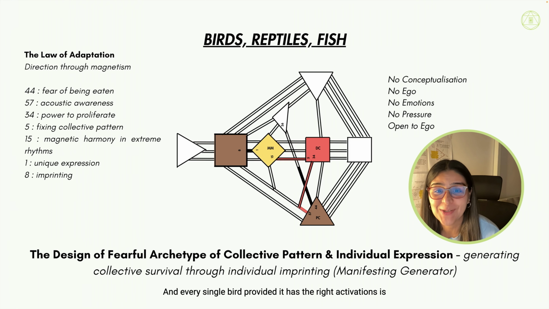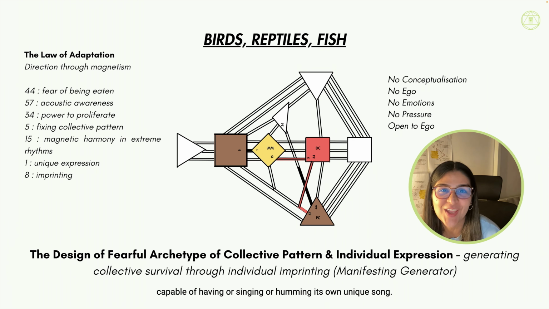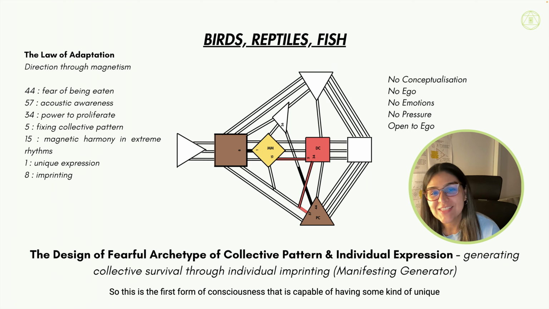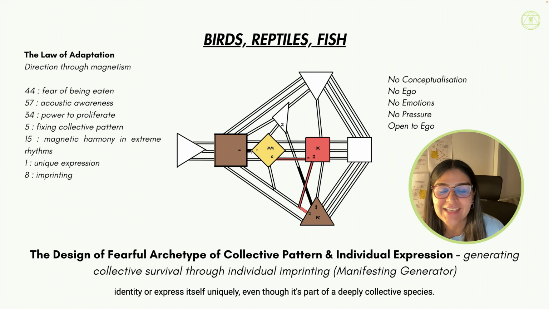And every single bird, provided it has the right activations, is capable of singing or humming its own unique song. So this is the first form of consciousness that is capable of having some kind of unique identity or expressing itself uniquely, even though it's part of a deeply collective species.